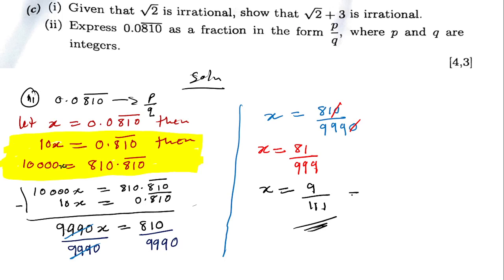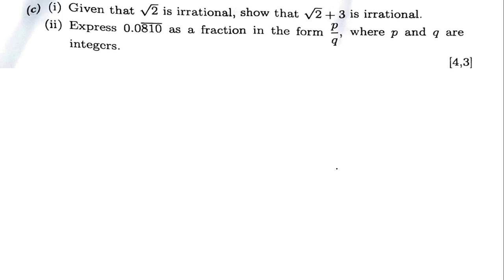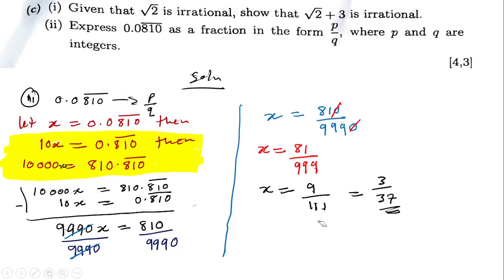Actually, this can also go further, and you can simply have 3 over 37. So make sure that your answer is not left in this part, but it has to be left in the lowest or simplest form.